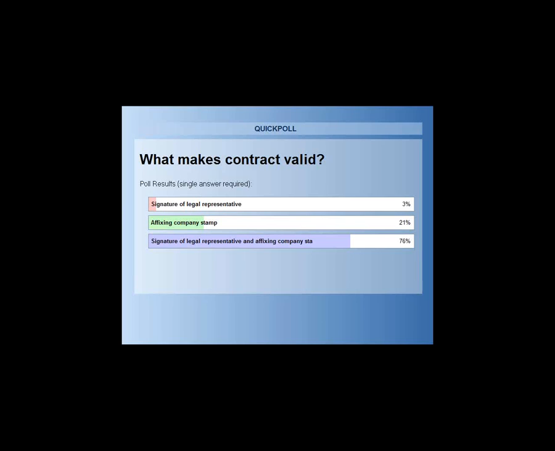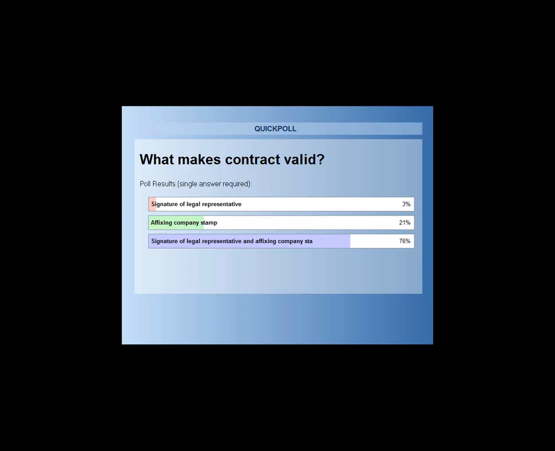However, I must say, and I apologize, this question was a little bit misleading, and I will explain how. Of course, the best and highly recommended option is the one which most of you voted for, meaning the signature of the legal representative and affixing a company stamp.